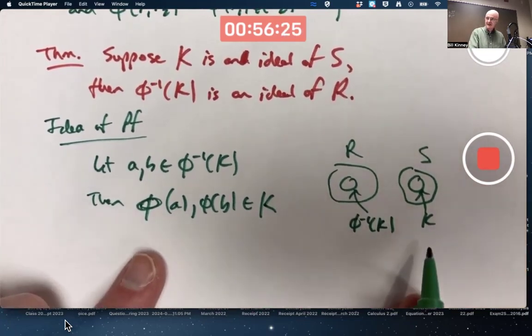You're assuming K is an ideal. That means it's a subring as well. That means it's closed under subtraction.